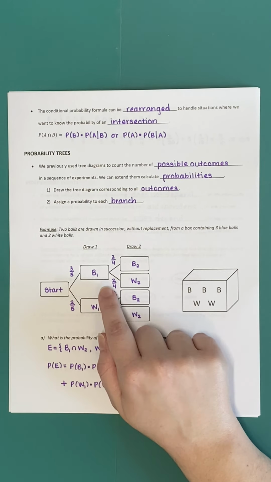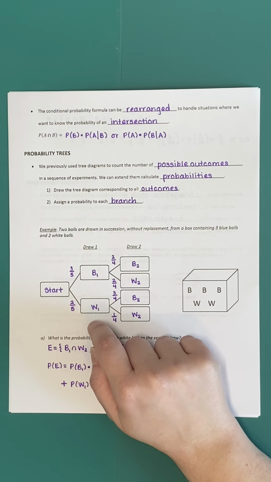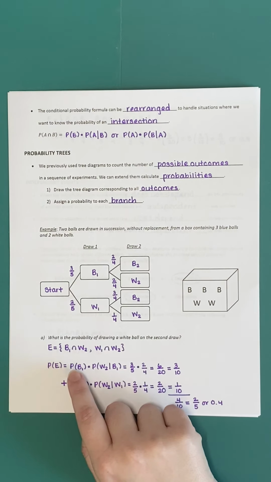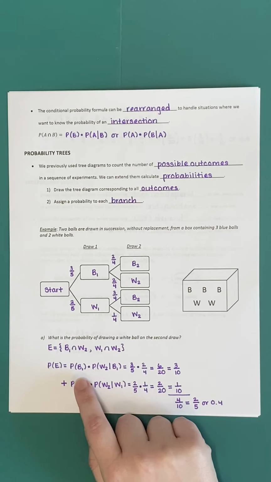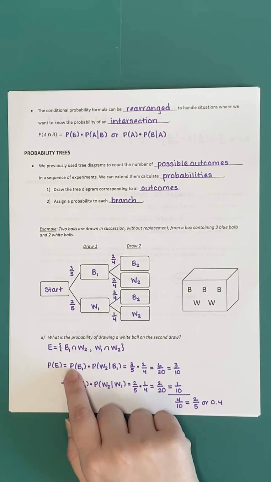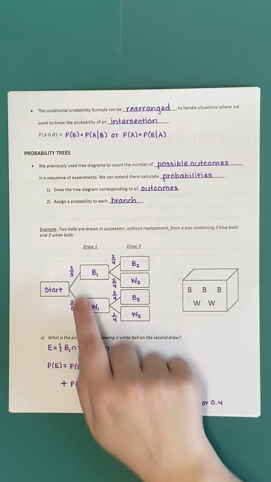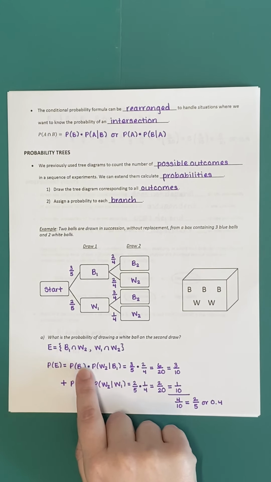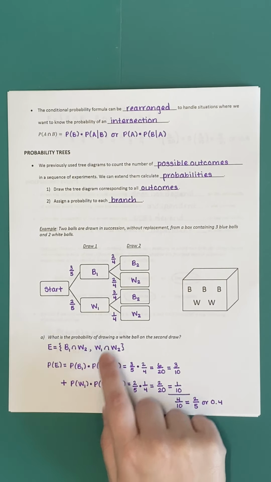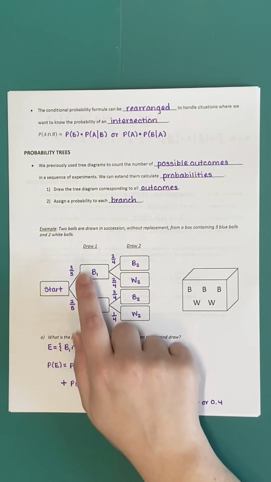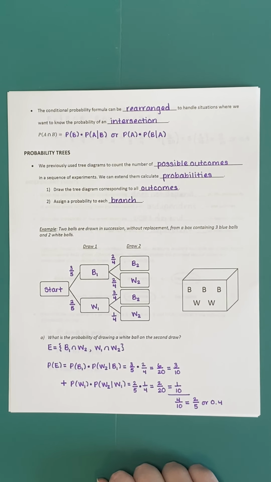So it's just the product of the probabilities associated with the two branches along that path. So the probability of blue 1 intersected with white 2 is going to be the probability of blue 1, which is 3/5, times the probability that our second draw was white, given that we first got a blue draw.